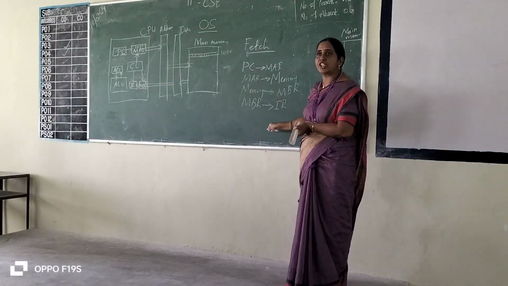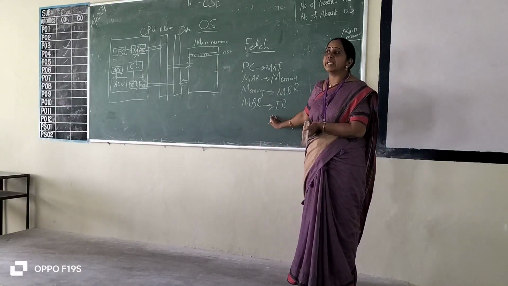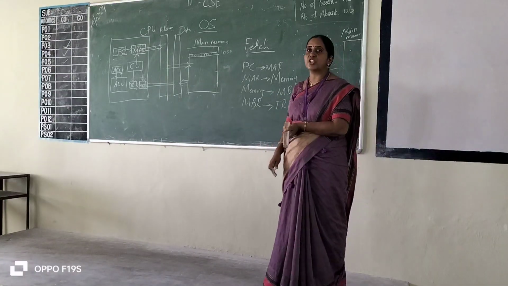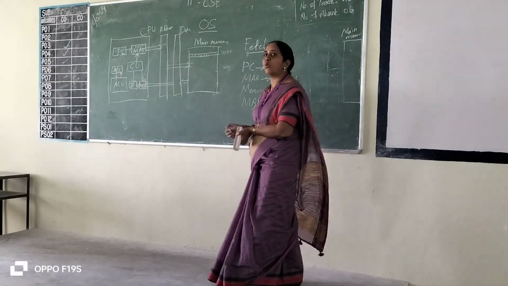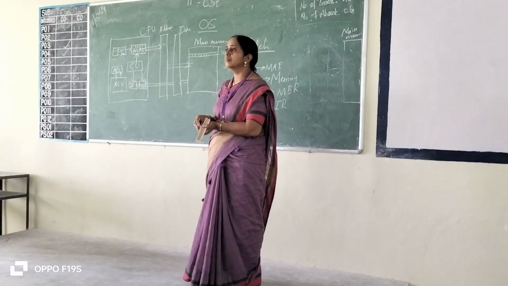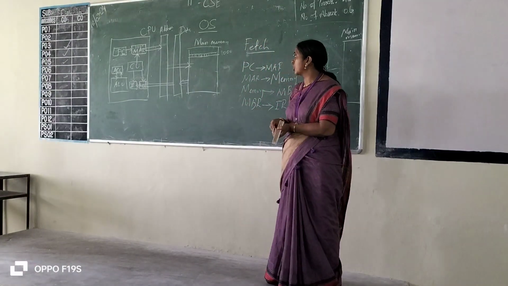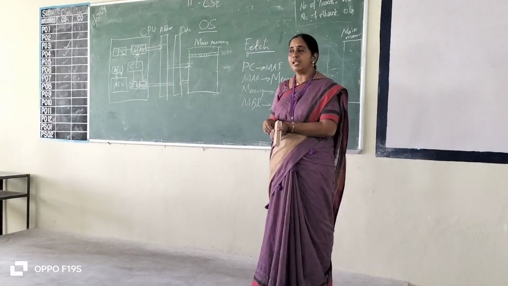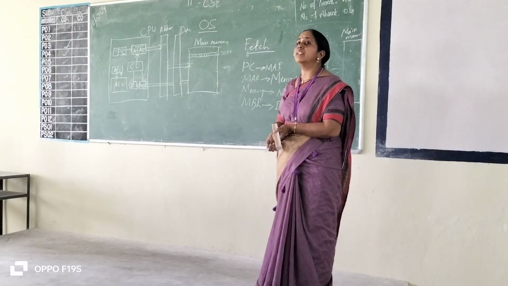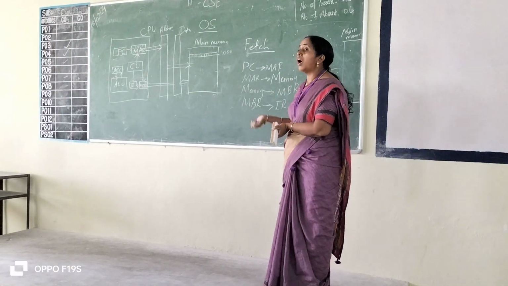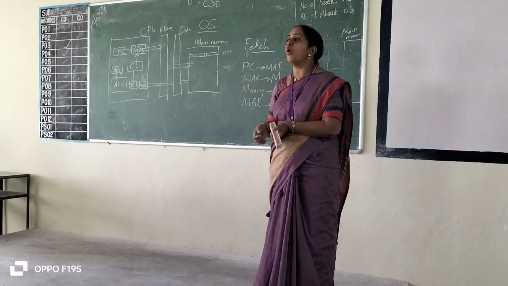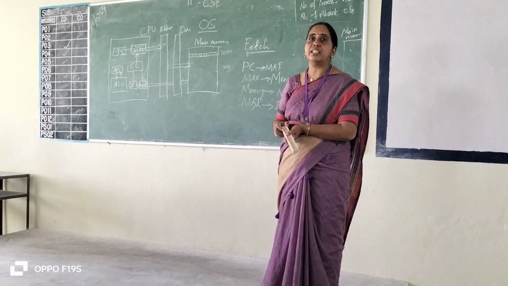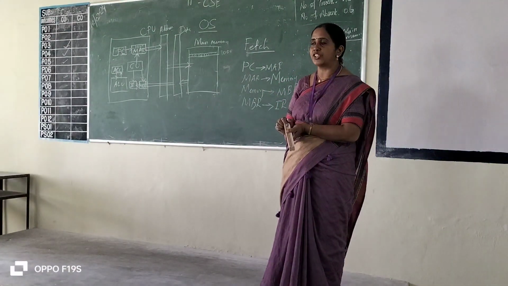In this instruction register only, the instruction decoding operation is performed. What is instruction decoding? In the instruction decoding cycle, it will determine what type of operation needs to be performed and what are the operands needed to perform the particular operation.